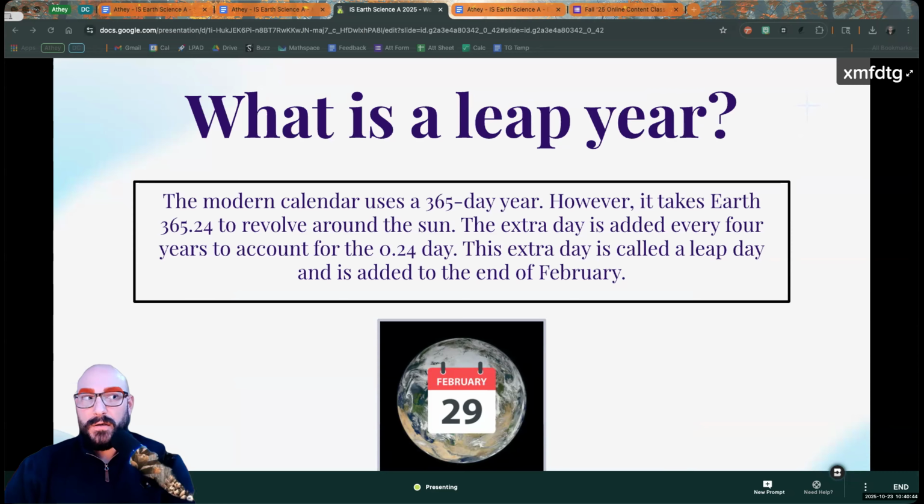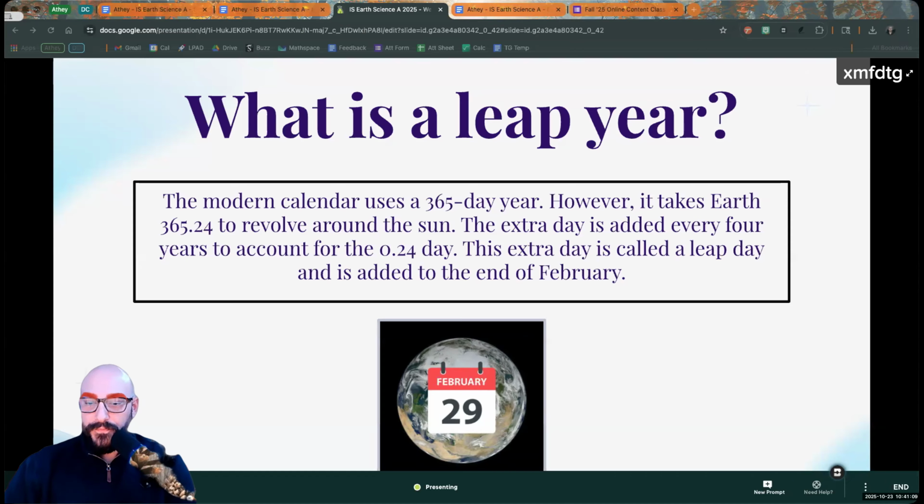Otherwise, we would start ending up in really weird spots on our revolution around the sun very quickly. So we toss in an extra day every 4 years to compensate for the fact that the number of days it takes to revolve around the sun is not a whole number.